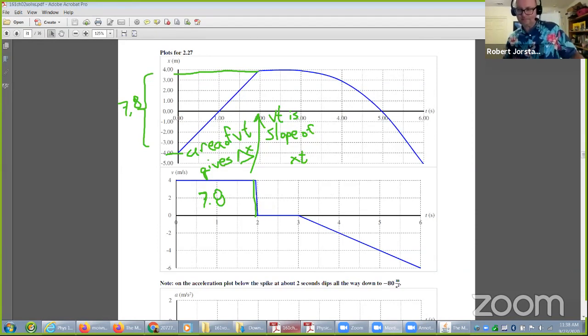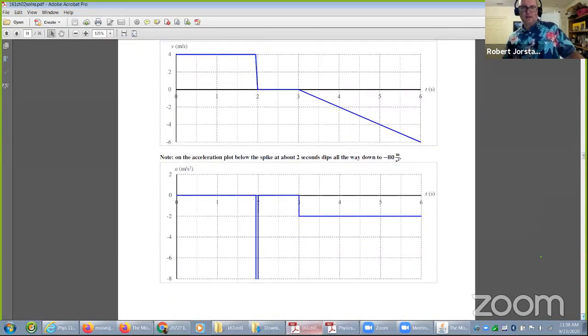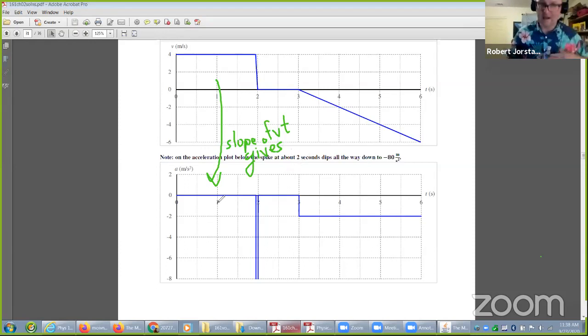Next, let's go down here. Here's how you get from here to here. Now we could say, going from here to here, slope of VT gives A. So notice there's a subtle difference. In the last one, VT was the slope of X. In this one, slope of VT gives A, right?